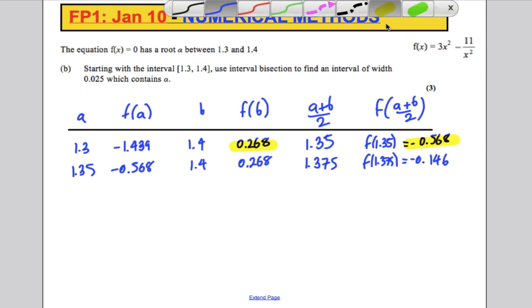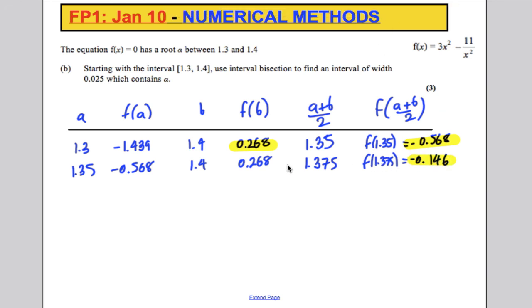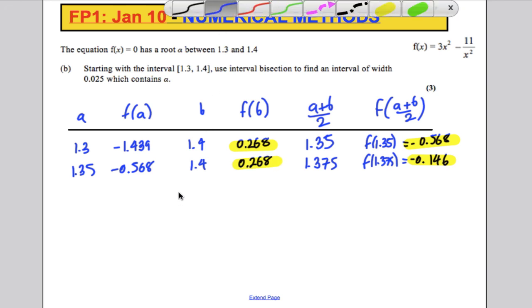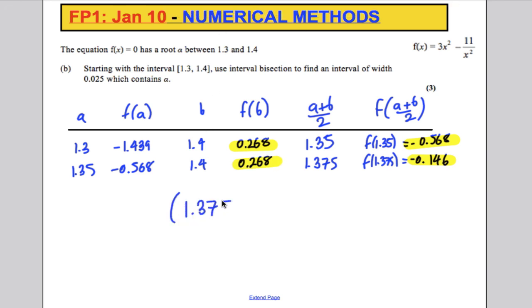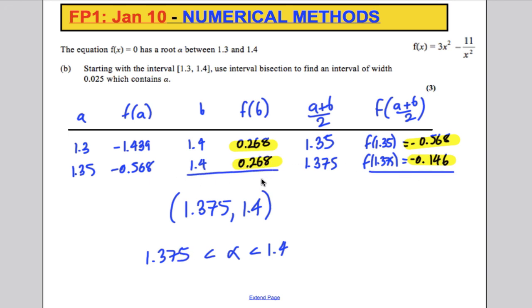We always want that new one there, so we want that negative. We must also take that positive, so therefore there is a root between 1.375 and 1.4. So alpha is between these numbers. Why? Because there's a change of sign between 1.375, which is negative, and 1.4, which is positive.